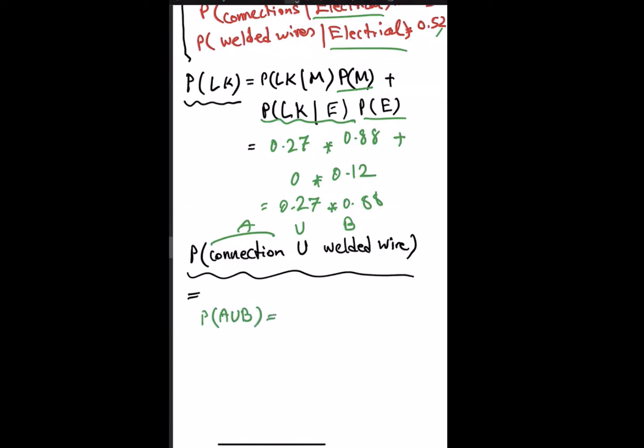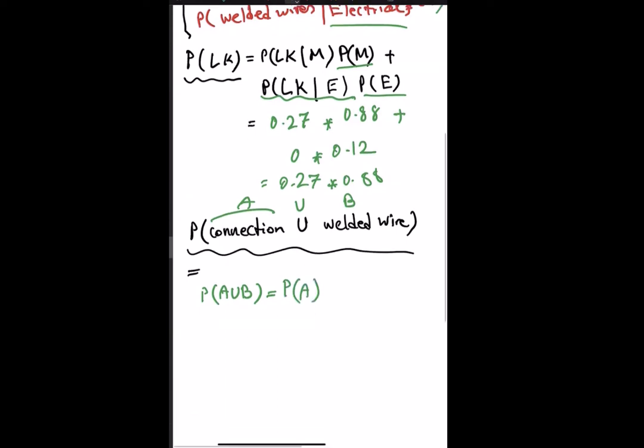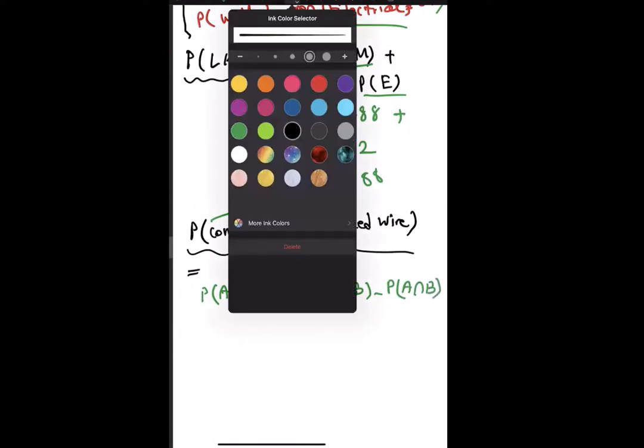Probability of A plus probability of B minus probability of A and B's intersection. Exactly.